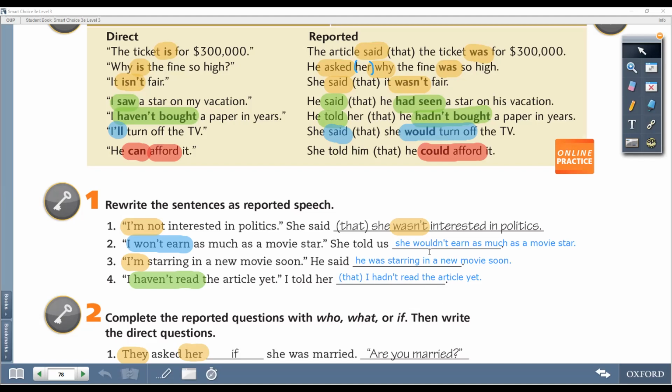Okay, so before we do the next one, let's watch a short video about reported speech, which is our topic today. Okay, so let's see that. Can I clear the annotations I made here? Yes, can I go? Okay.